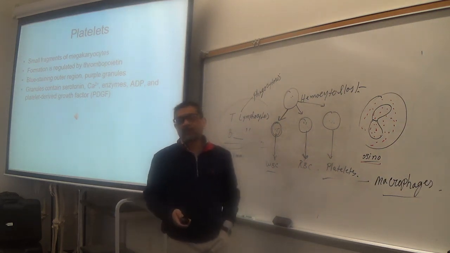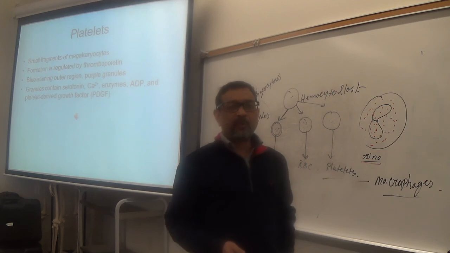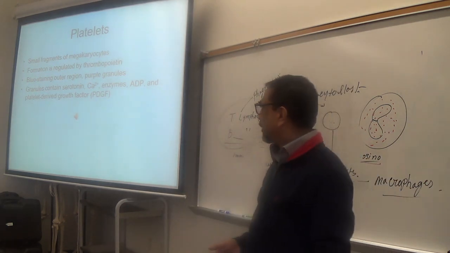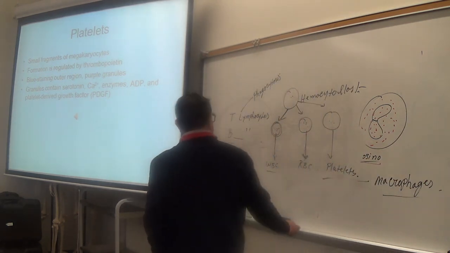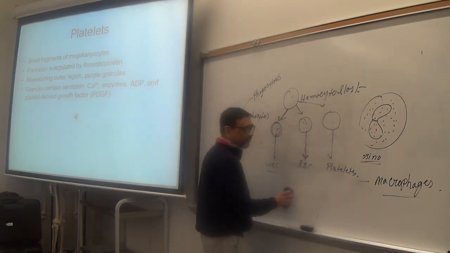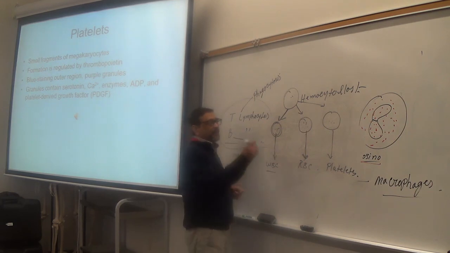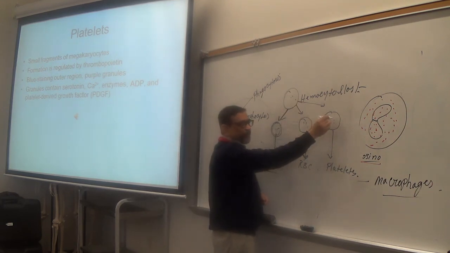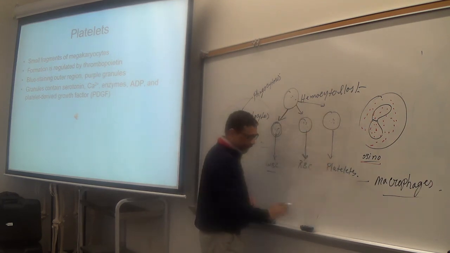Platelets are also called thrombocytes. Another name, thrombocytes. Platelets come from megakaryocyte. Now you see what happens. Hemocytoblasts produce the stem cell that will produce platelets.